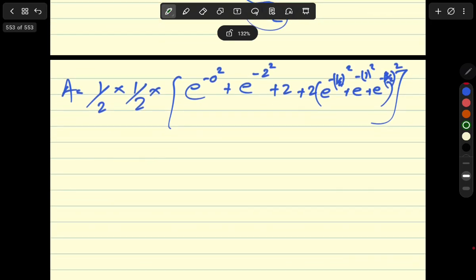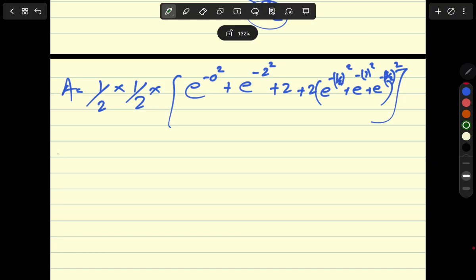Now, this looks pretty complicated, so do not just see what I'm writing, also hear what I'm saying. So 1 upon 2 times 1 upon 2 is 1 upon 4. And e to the power of minus 0 squared is 0, 0 times minus 1 is 0, e to the power of 0 is 1. Now, 2 squared is 4, and the square is on 2, not on minus.